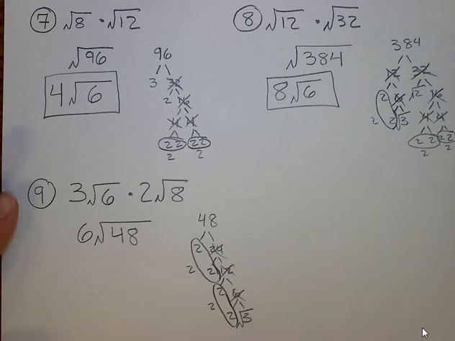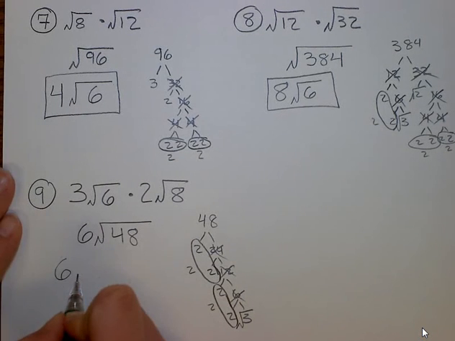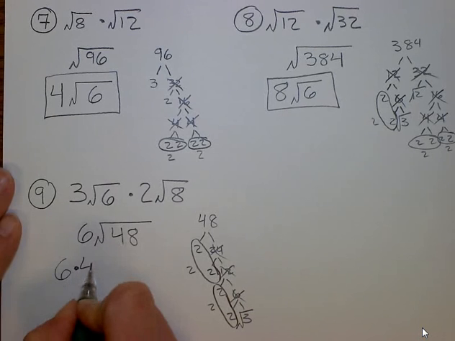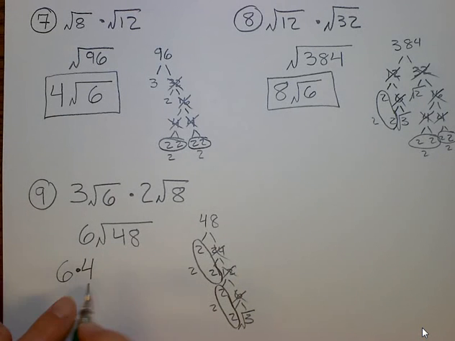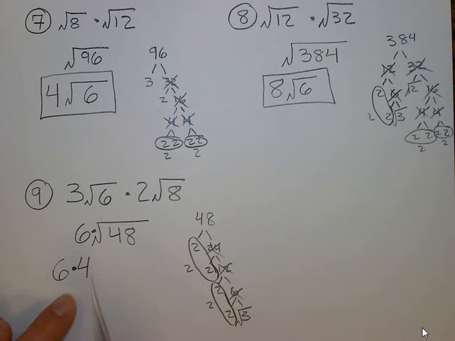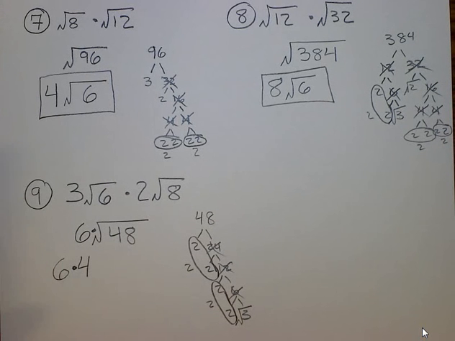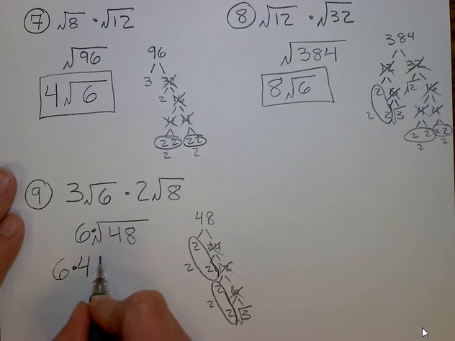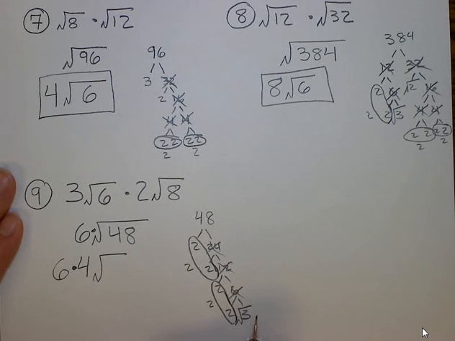And remember, the key word today is multiply, so we multiply those two together. But there's also this 6 out here that's being multiplied, and we have to deal with that. So we do pull out the 4, but there's still implied multiplication right there. So we'll have to multiply the 6 and the 4 together in a second. And the only number that didn't have a date and got stuck in square root jail is 3.